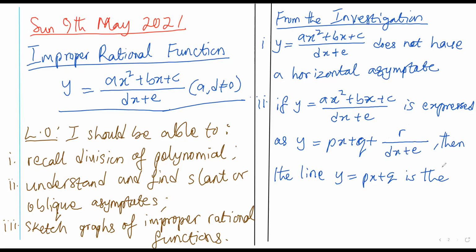The oblique asymptote of the graph. I said of the graph because there are two graphs now. So can we say of the curve? Okay.